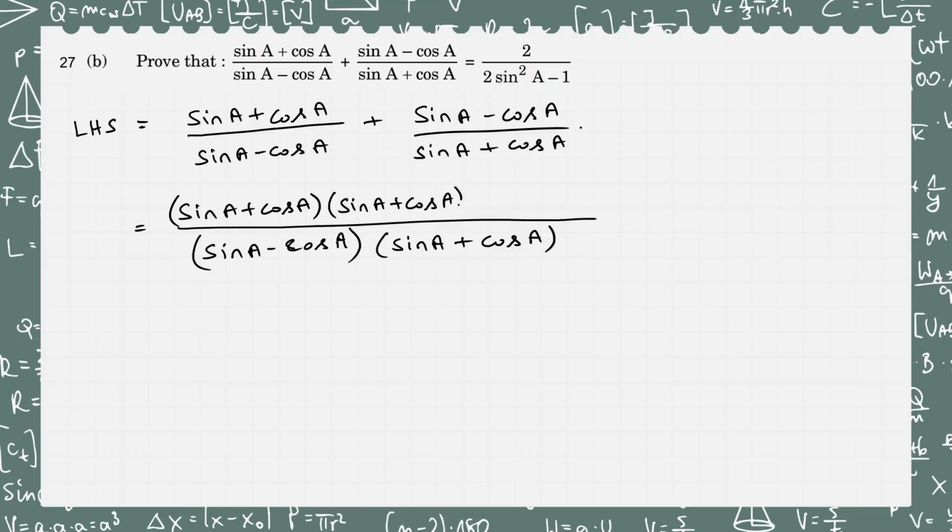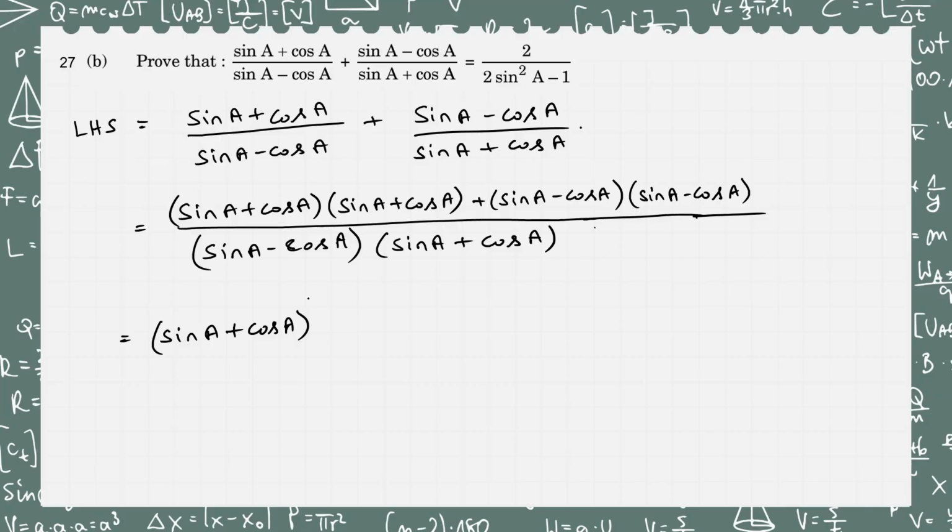In the same way, the second numerator is sin A minus cos A, and the item to multiply it with is also sin A minus cos A. So it will be sin A minus cos A into sin A minus cos A. Now we can write sin A plus cos A into sin A plus cos A as sin A plus cos A the whole square, right?